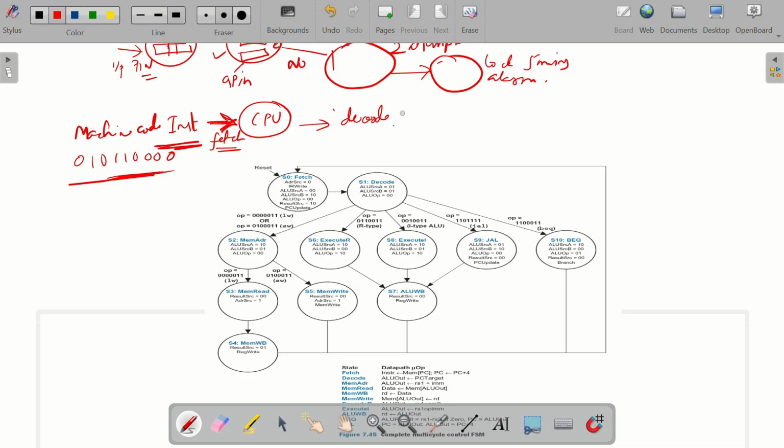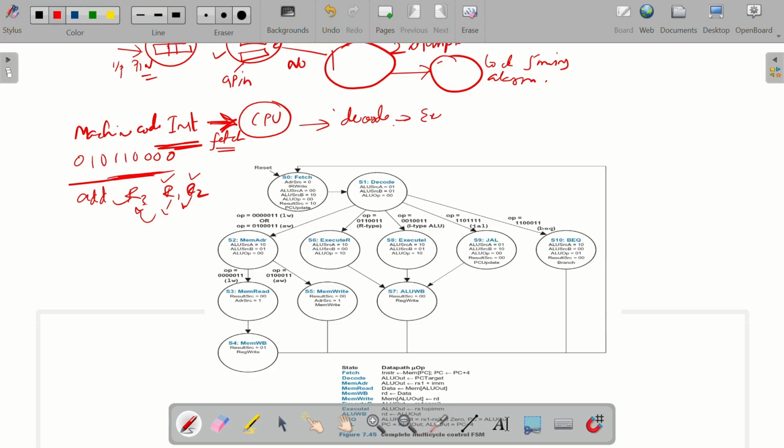So let's say this instruction tells me to add R1 and R2 and place the result in R3. So I'm taking the value from R1, I'm taking the value from R2, and I'm placing the result in R3. This is not represented this way in your machine code. So that is fetched, and then you decode this instruction. That is, you figure out what my source registers are and what my destination register is. That is your decode stage.